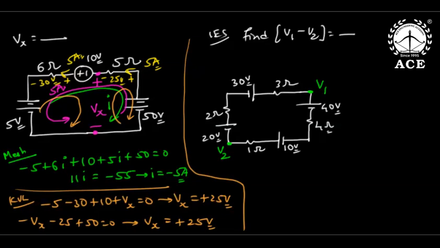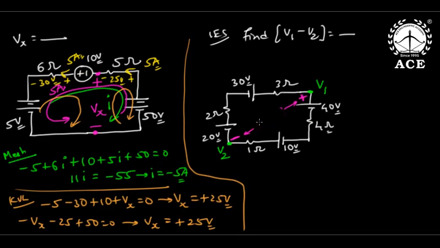Because we want V1 minus V2, I will take this terminal as positive and this as negative, since it is the difference V1 minus V2.